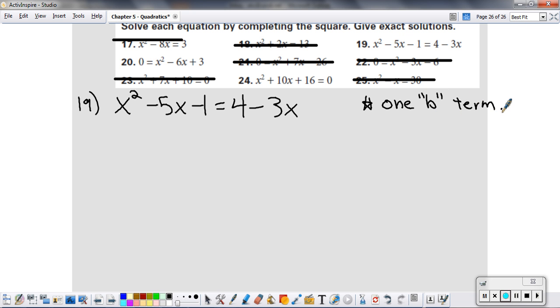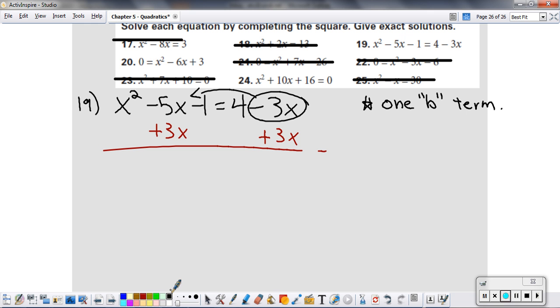So if you have two b terms, you have to somehow consolidate them. My easiest way to consolidate is to move this negative 3x over to the other side. So I would add 3x, and that gives you x squared minus 2x minus 1 equals 4.